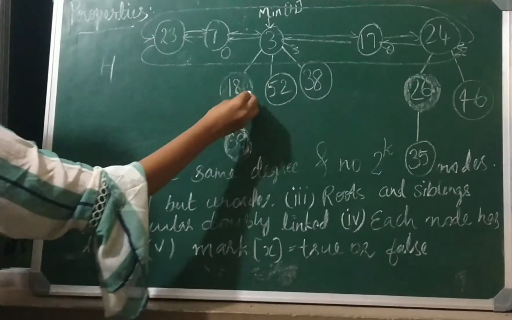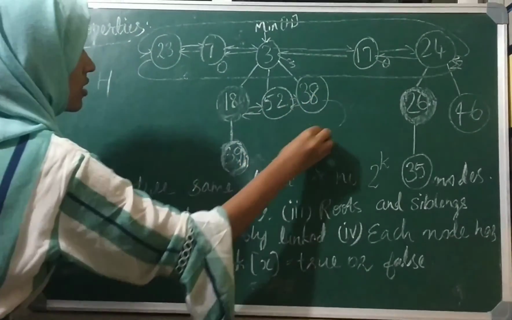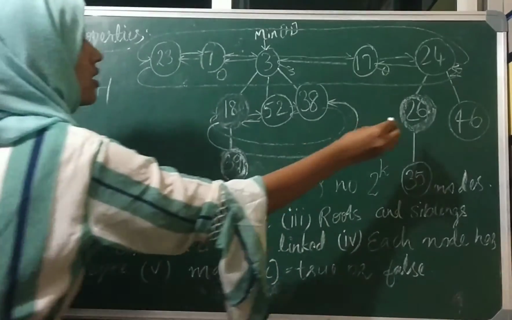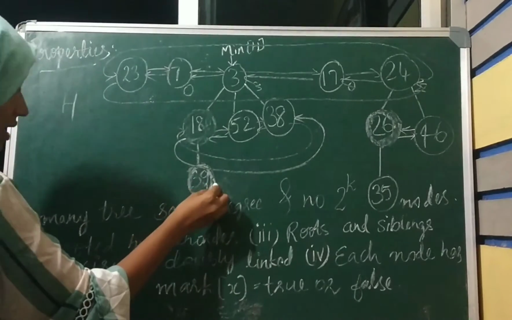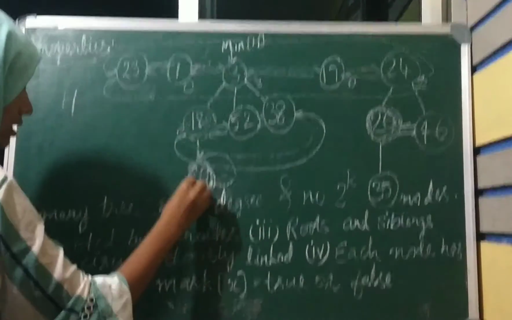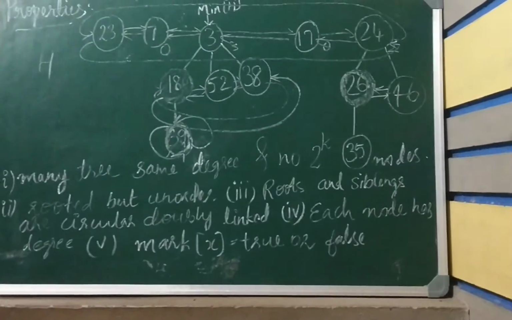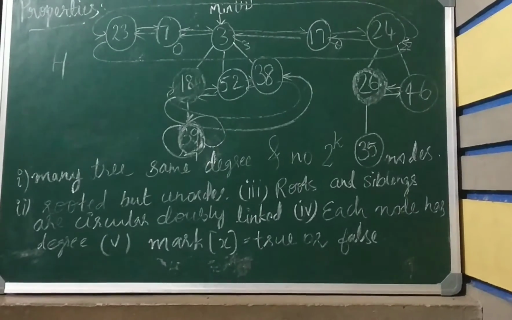The same way all the children are also connected this way. This will be connected here, this will be connected here. When there is no other one to connect, it will connect to itself. This is the memory representation of a Fibonacci heap. So it is said that it is circular, doubly linked.